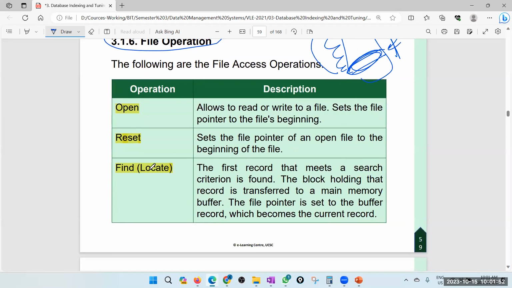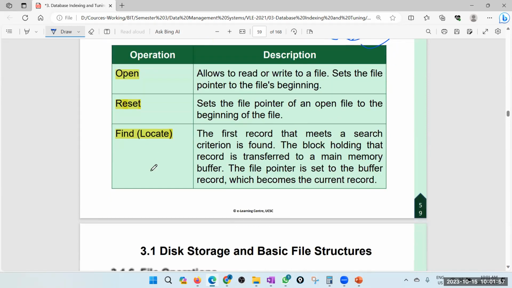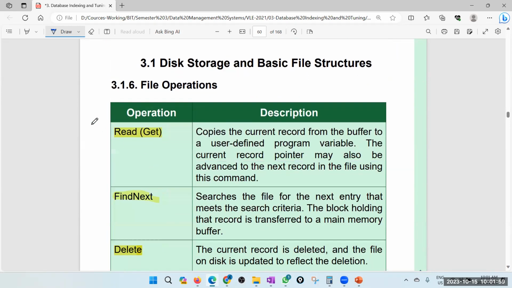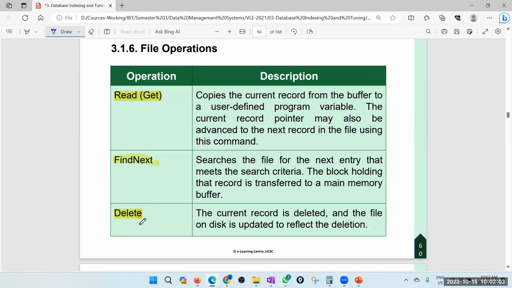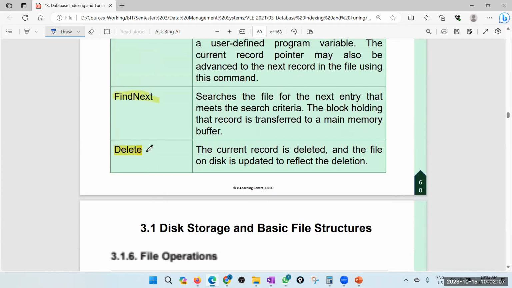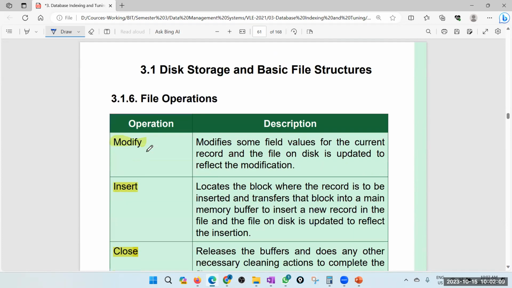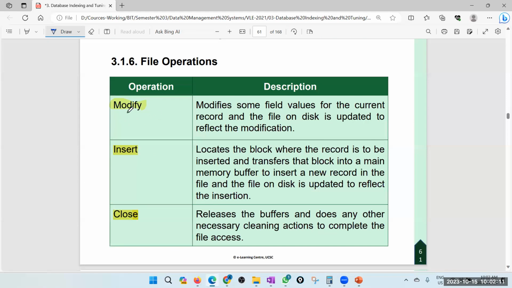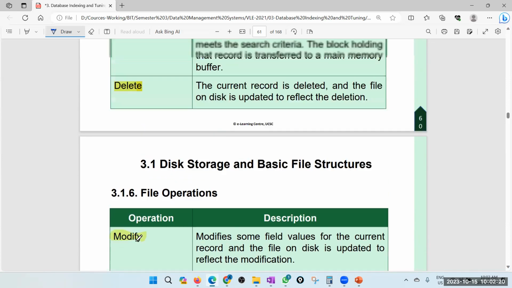You learn these things in Java, file handling in Java. Then of course you can read that particular record. Maybe you can delete a particular record, or you can go to the next and so on. Maybe you can modify that particular record, insert a record, and close the file. So those are file operations. These are not disk operations.